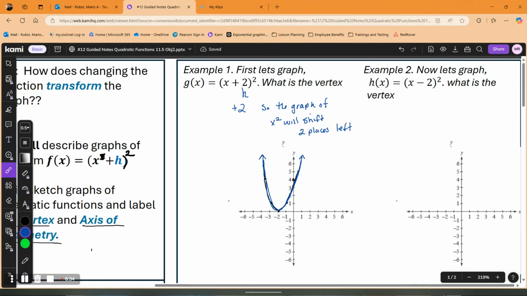Let me show you how this works with a table. Remember those 5 numbers that I told you to use? -2, -1, 0, 1, and 2.